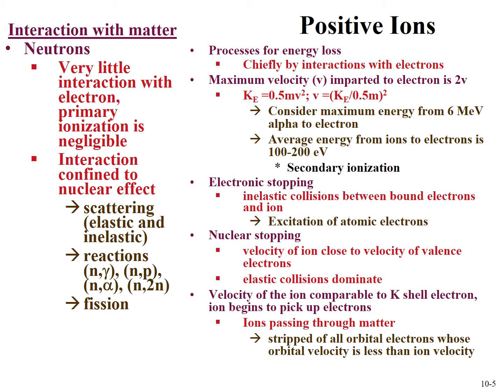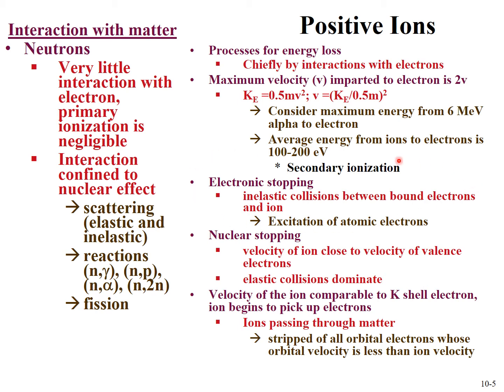This can also lead to ionization from that electron, so we can have secondary ionization. So an alpha particle comes in, imparts some energy to an electron, and that electron can then impart energy to other electrons. So we get secondary ionization as a result of some of these interactions.